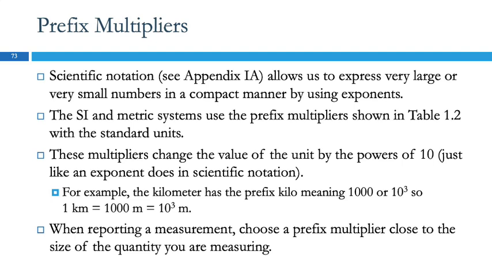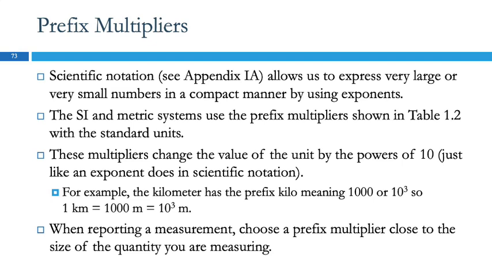We use a larger unit for larger distances, smaller units for smaller distances. Generally, you want a unit that's close to the size of what you're measuring. So instead of having to deal with inches and feet and yards and miles, like we do in the English system, in the metric and SI system, everything is meter, and it's just multiplied by a factor of 10.